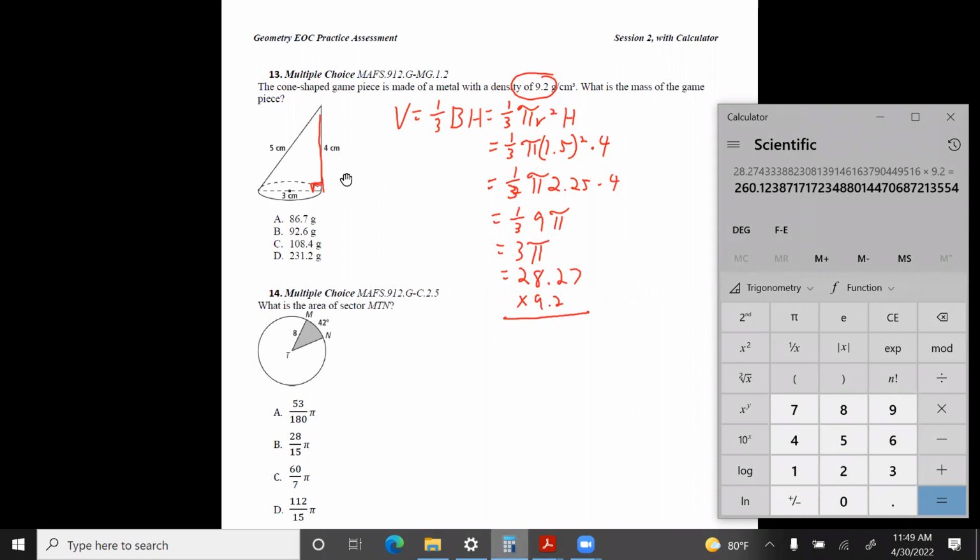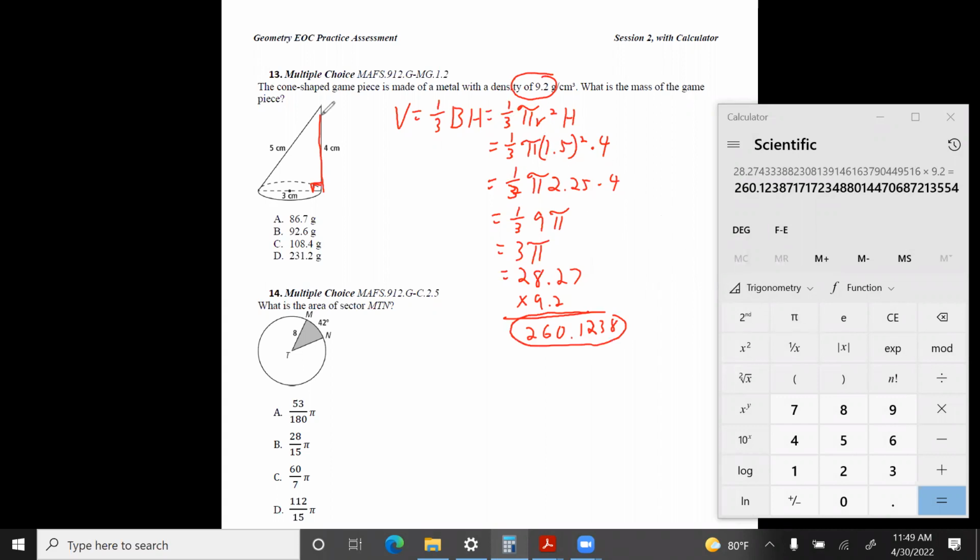And I don't see the correct answer listed. There was a problem like this on something else that didn't have a correct answer. I'm wondering if this is the same problem from that same worksheet. This is what I got as my answer. Let me go back to the work real fast and make sure we didn't miss anything.